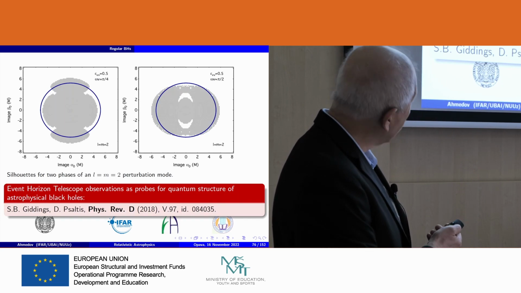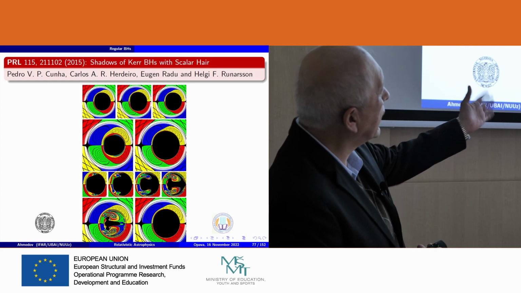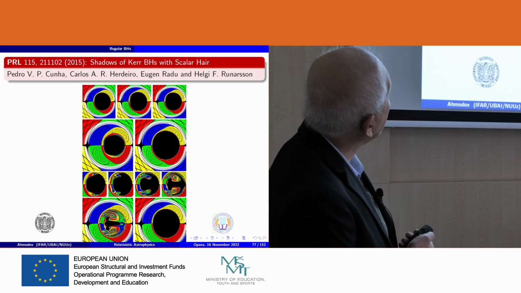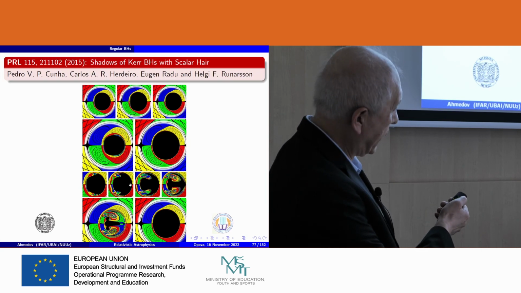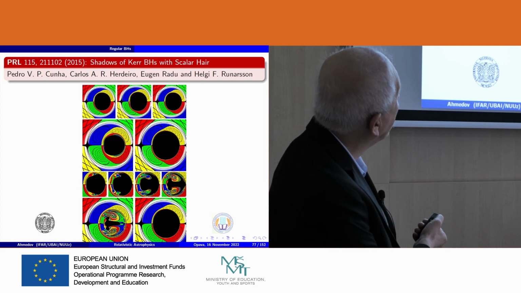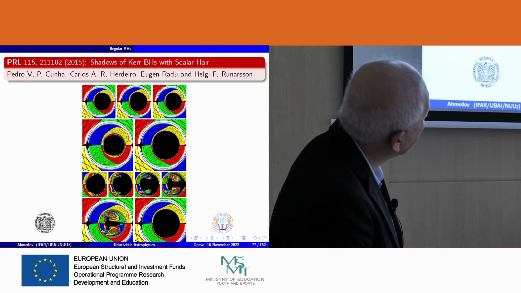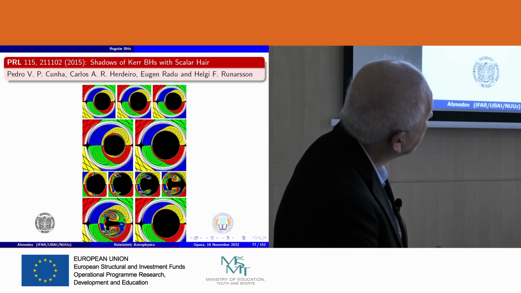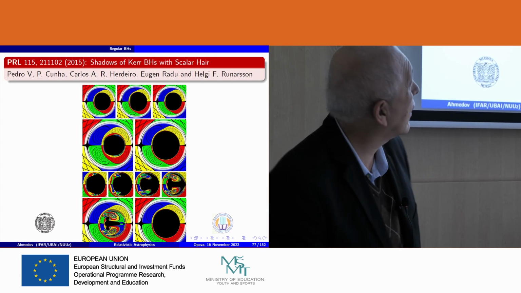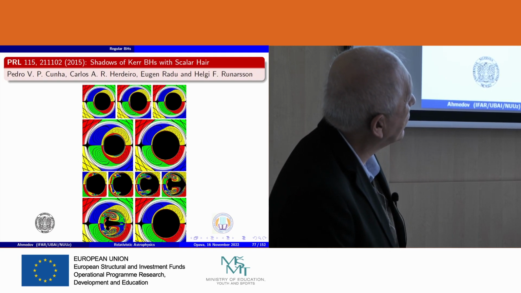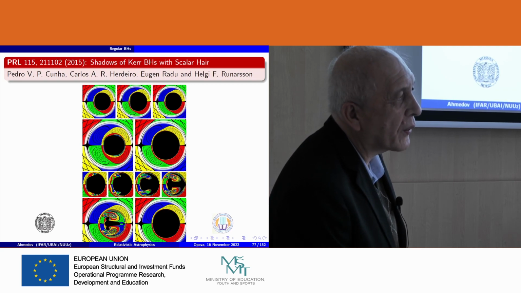So then the question is, for example, this is the shadow of the Kerr black hole with scalar hair. You see, we assumed this one, but now we get something like this. Yes, it is a shadow which we would observe if the black hole has some scalar hair, then it can have a very different shape.